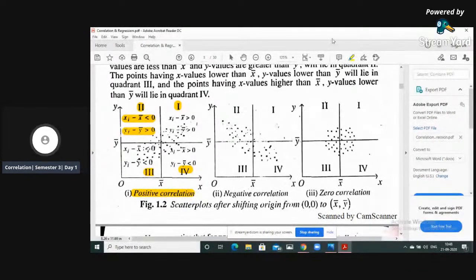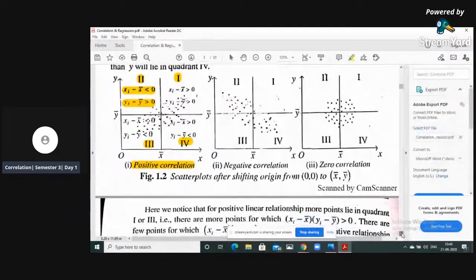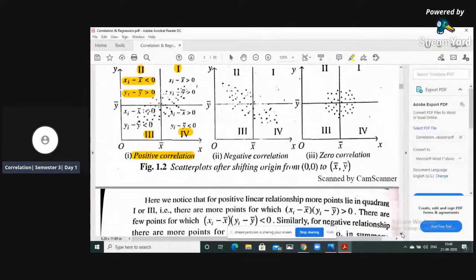Okay. The next graph gives you an idea of the negative correlation. And finally, zero correlation. For the first graph, or positive correlation, we observe that more points lie in quadrant 1 and quadrant 3.